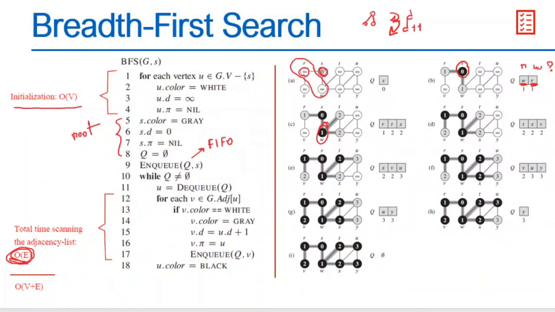So hopefully you answered the question correctly. It's because of the adjacency list of this graph. In the adjacency list of the vertex S, the first one is W, the next one is R. So that's why W appears first.